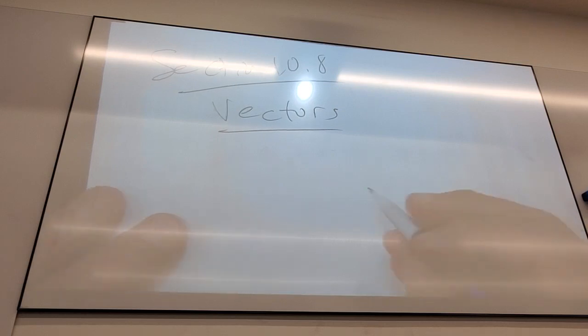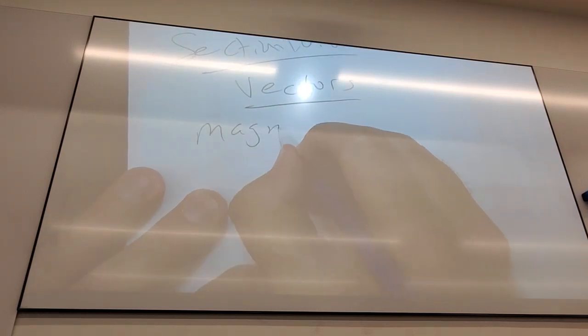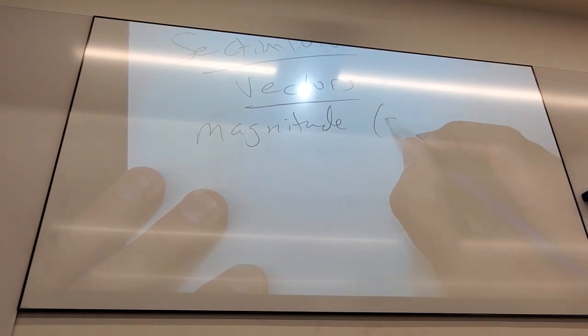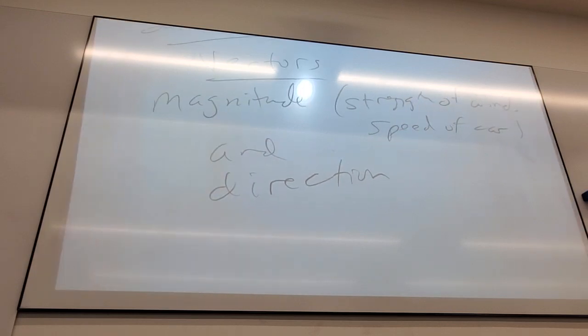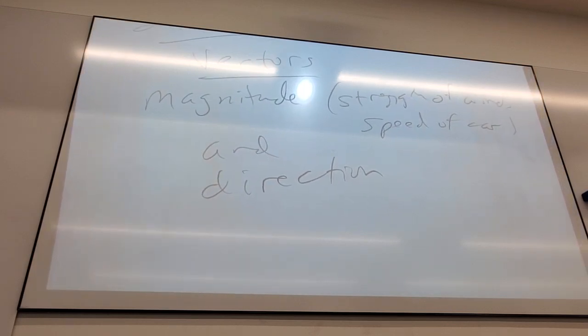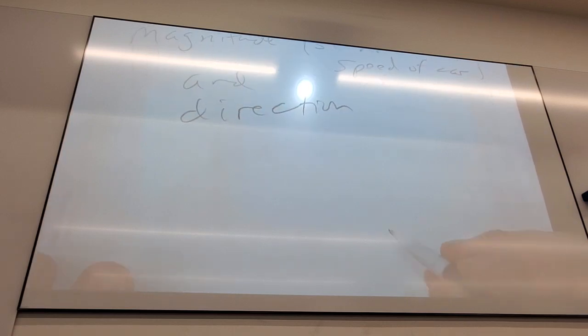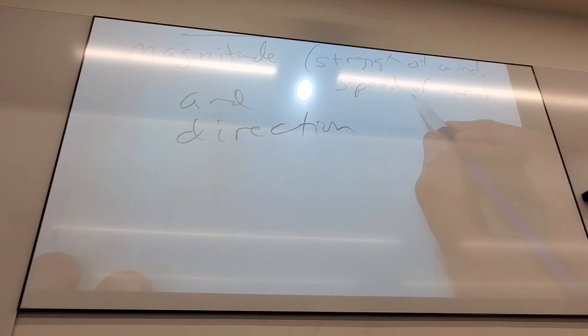A vector has a magnitude, which is like the strength of the wind, or the speed of the car, and a direction.